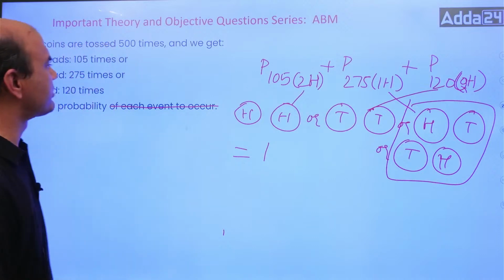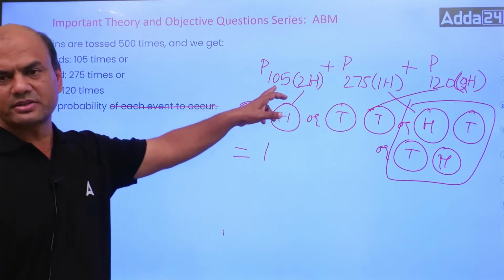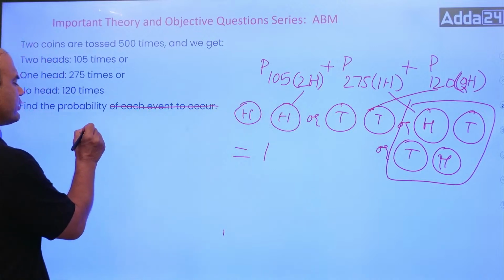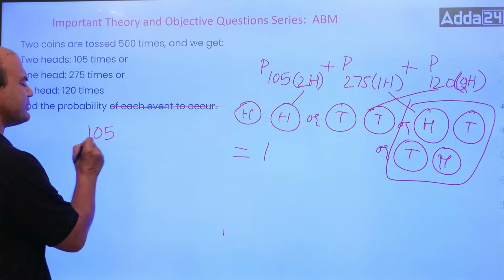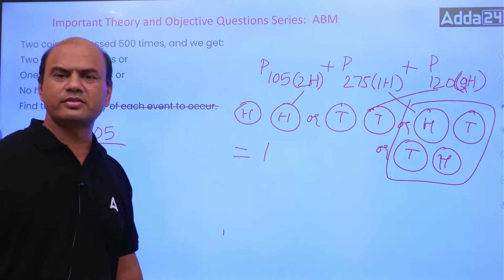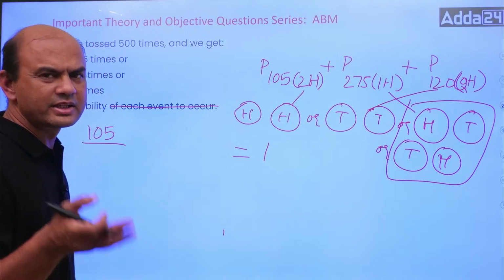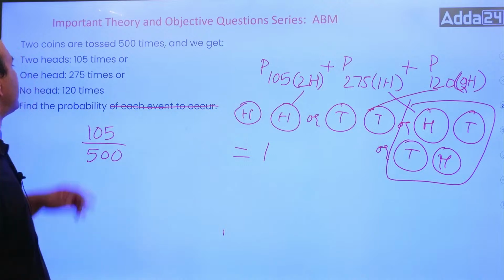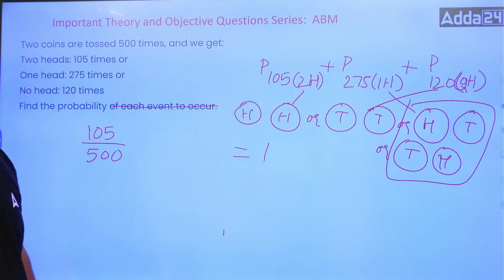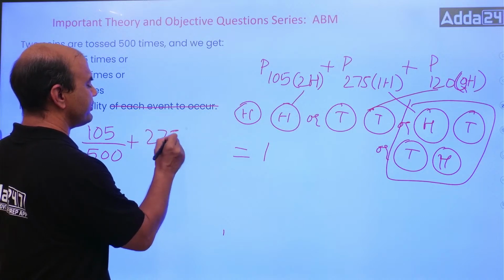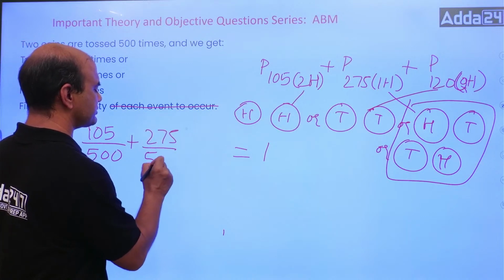See this. Find out the probability for 105 first. Let's write it down. It is very simple. Success upon total. What is my total? My total is 500 times I am rolling this coin. So 500. What is my success? I want 105 times. Second, what is the probability? 275 upon 500.